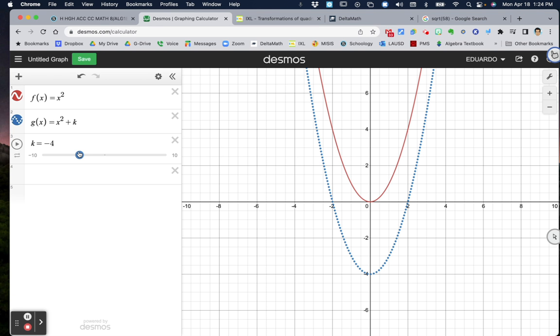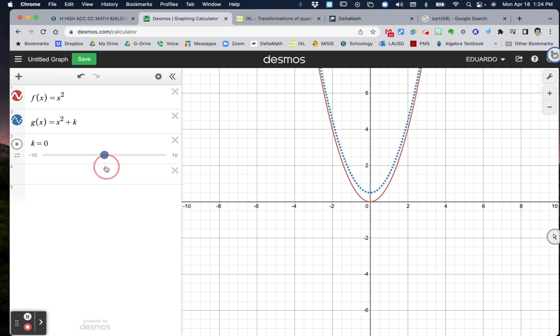If I use negative numbers, it'll push it down. Okay. So I can basically control where I locate my x squared, my parabola, up or down by anything I want. Okay. All right. So now we're going to add something else.